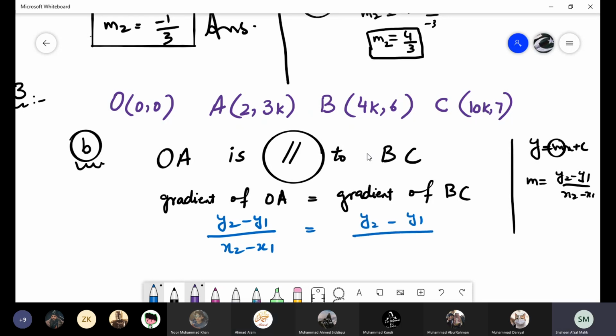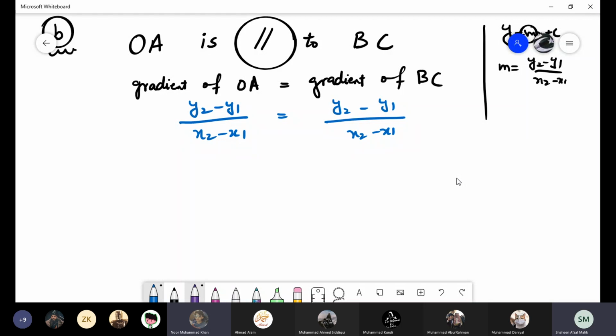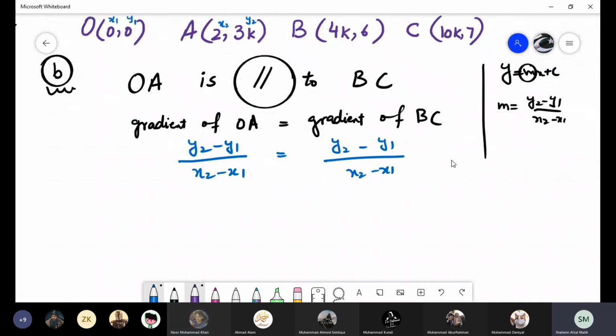Y2 minus Y1 over X2 minus X1. This is OA. If we take O and A, this first value is X1, this is Y1, this is X2, this is Y2. Can you substitute the values in the formula? The y2 is 3k minus 0. What is x2? 2 minus 0.